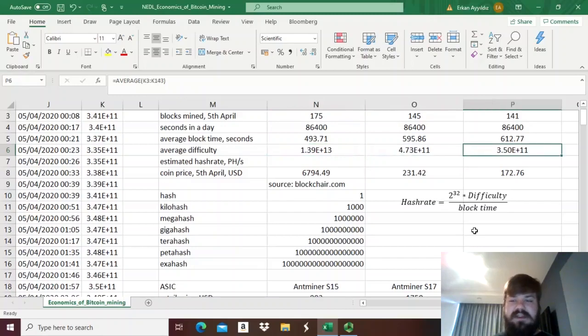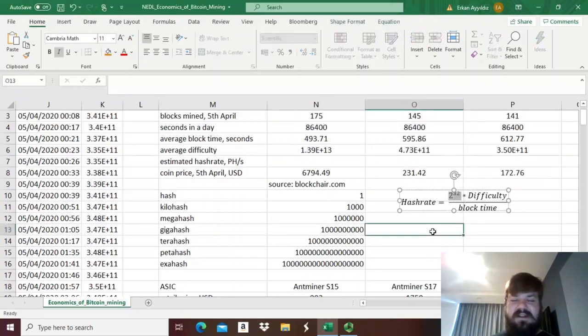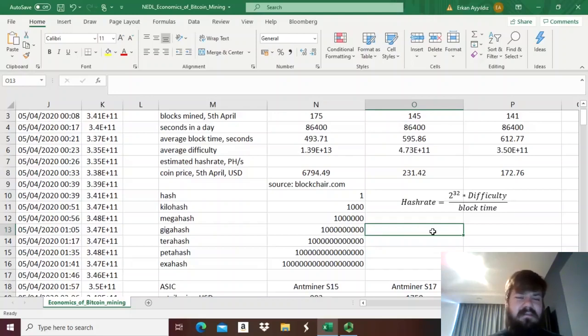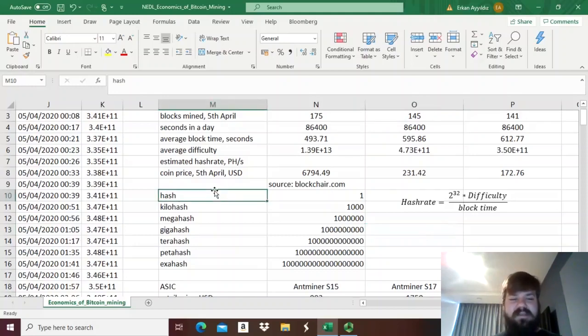Obviously, as those difficulty figures are very, very high, and adding insult to injury, we are also multiplying by 2 to the power of 32, we won't have a very meaningful number if we just estimate it in hashes per second. That's why most of the time you estimate in other dimensions, namely kilohashes, so thousands of hashes, megahashes, so millions of hashes, and so on and so forth.